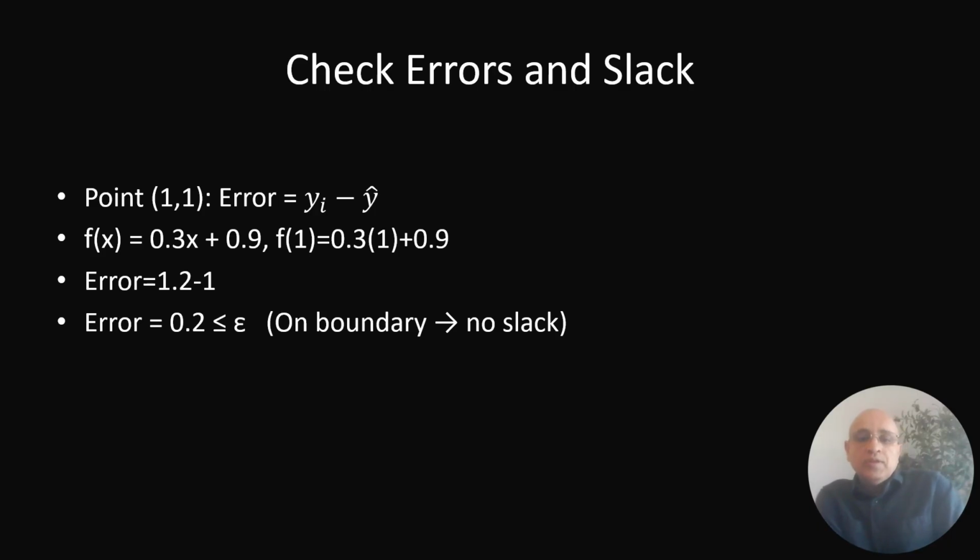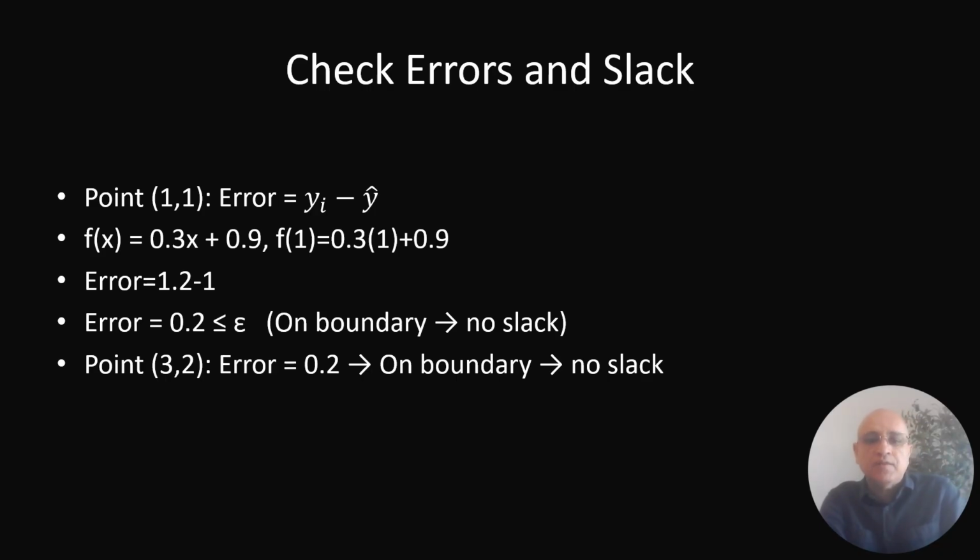So 0.2 is exactly the same as the width from the line to the boundary, which is epsilon, or we can say that the error is less than or equal to epsilon. It means the point is on the boundary, no slack. The points that are on the boundary or inside, slack is 0.